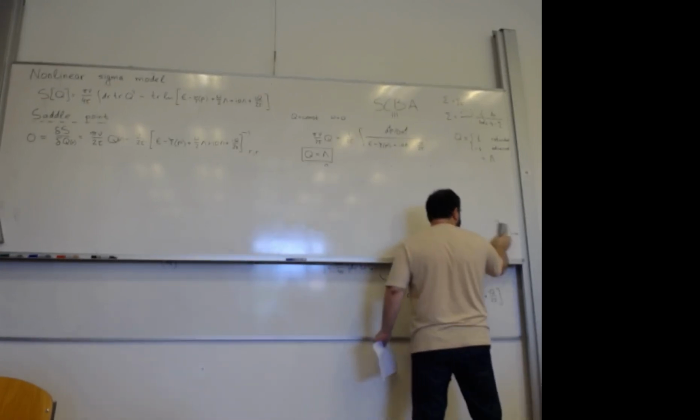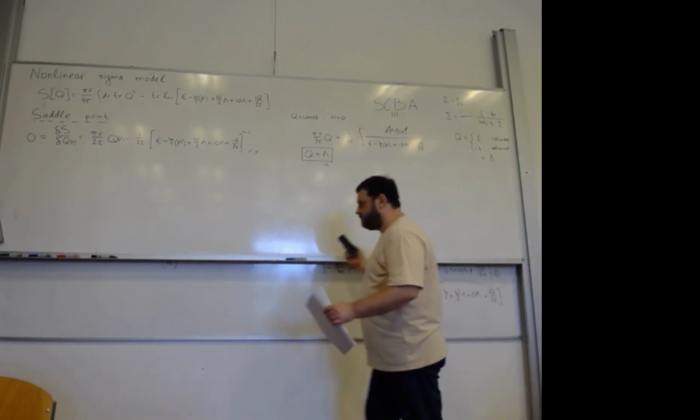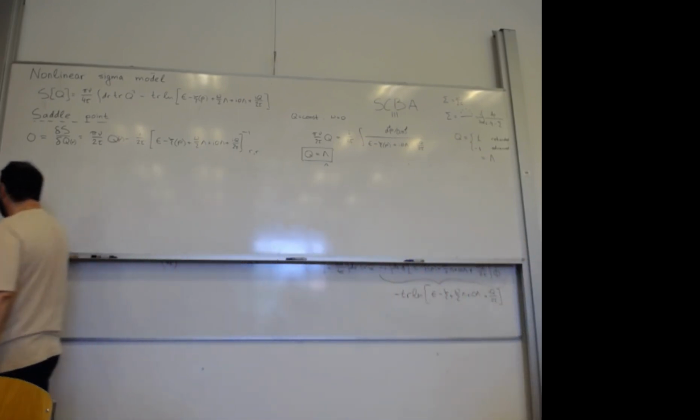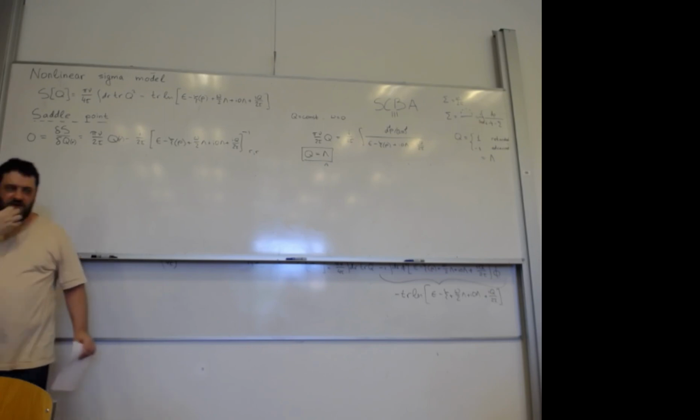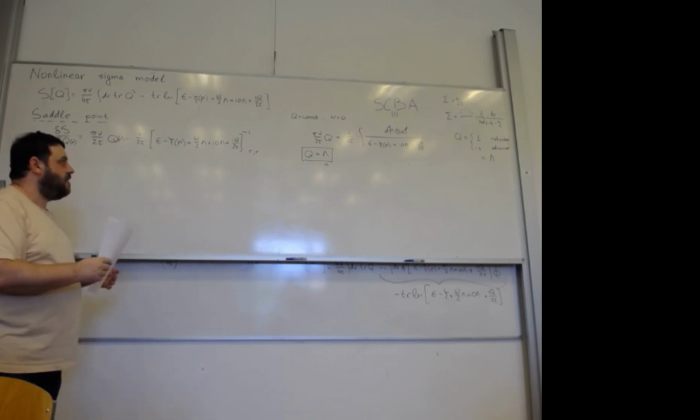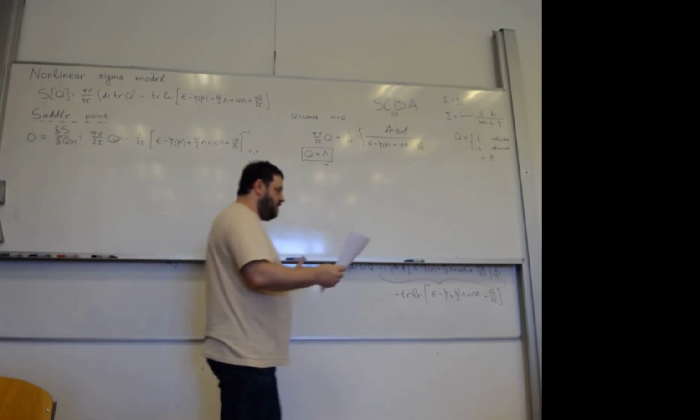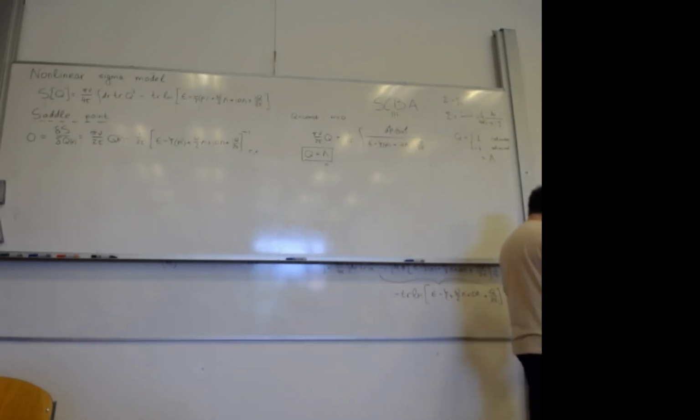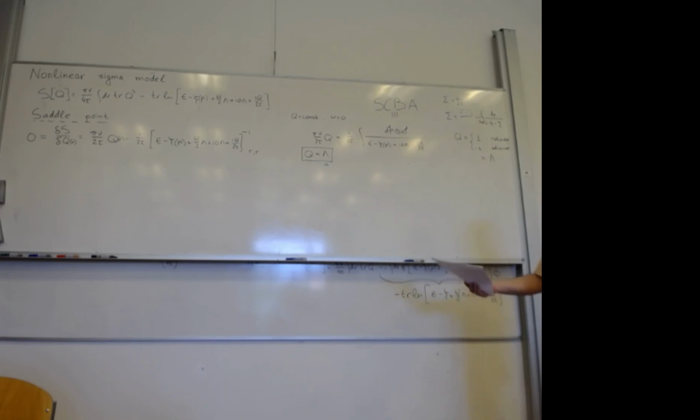Well, so we already see that this whole story was not in vain. We know that for metals with disorder, this self-consistent Born approximation is good because we have a small parameter and all these crossed diagrams are small, so that we can neglect them.